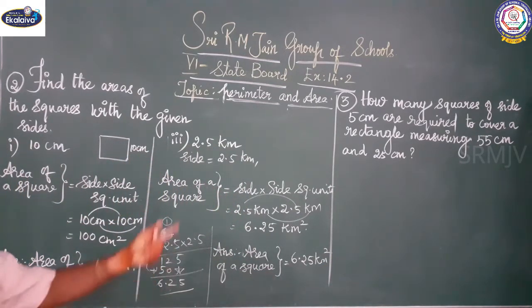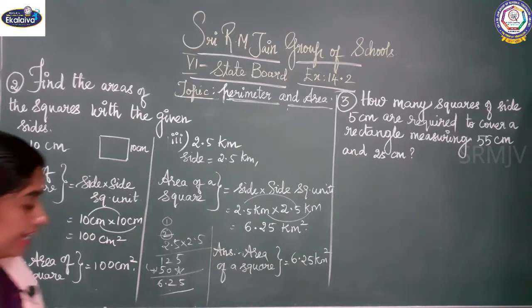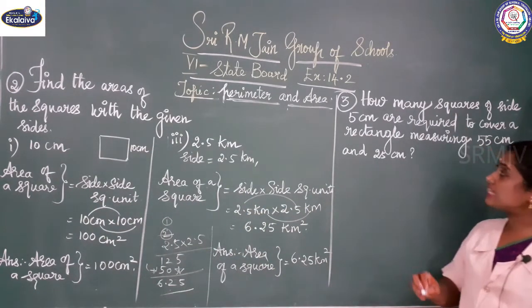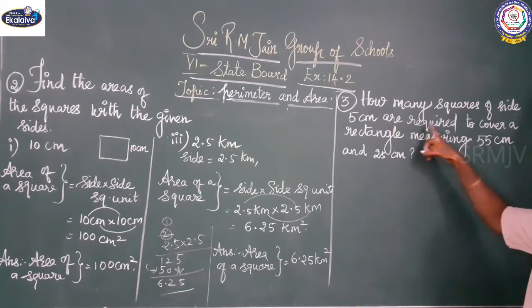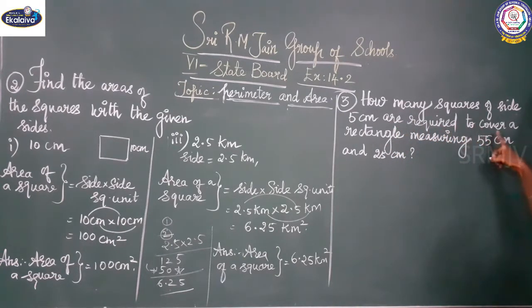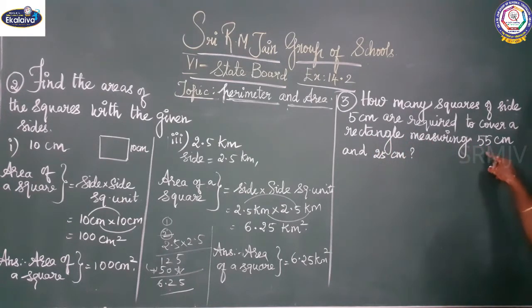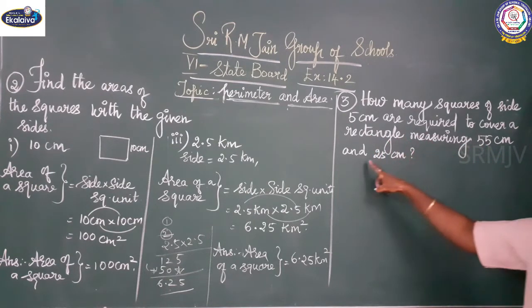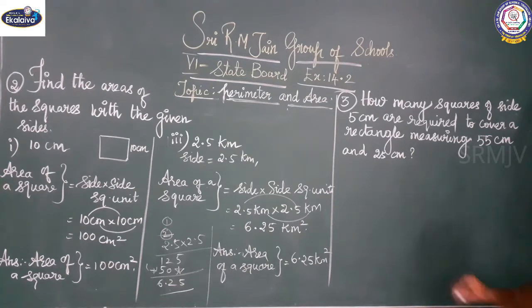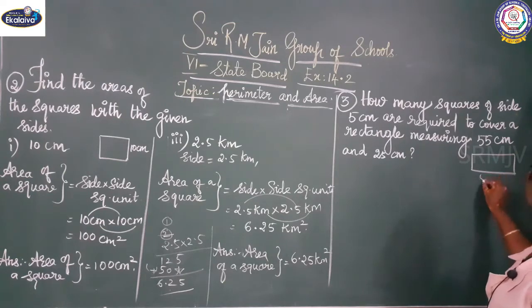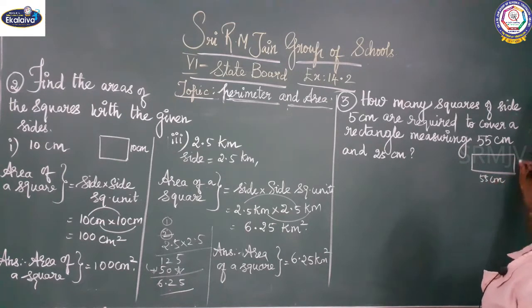Shall I move on to the third sum? Listen. How many squares of side 5 centimeter are required to cover a rectangle measuring 55 centimeter and 25 centimeter? So a rectangle which is 55 centimeter, 25 centimeter.